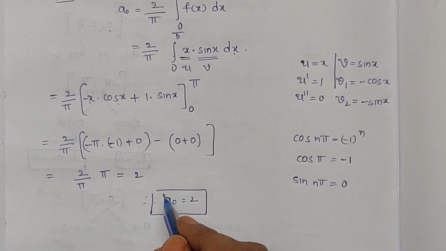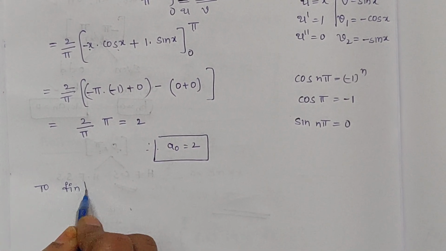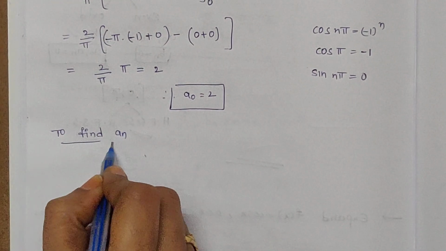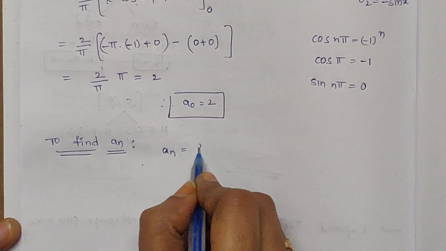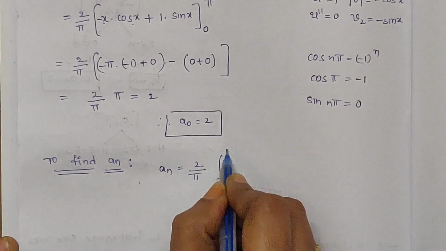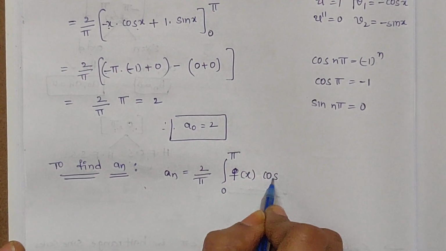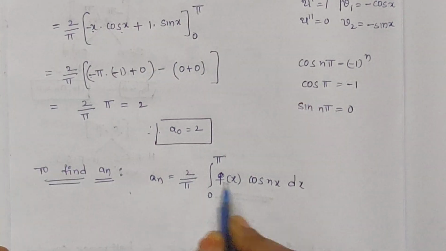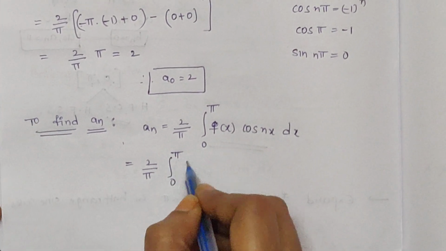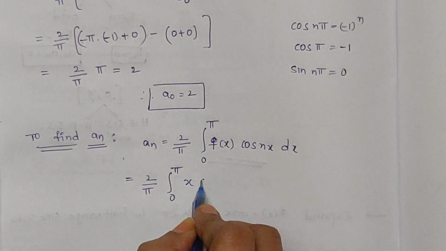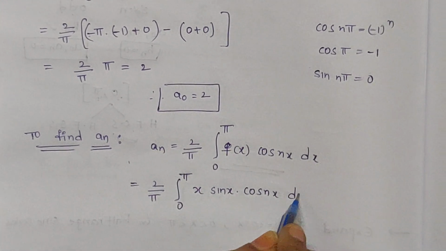Now to find an. The formula is an equals 2 by pi integral 0 to pi f of x cos nx dx, equal to 2 by pi integral 0 to pi x sin x cos nx dx.